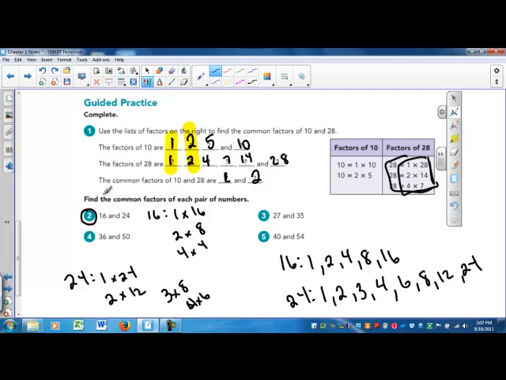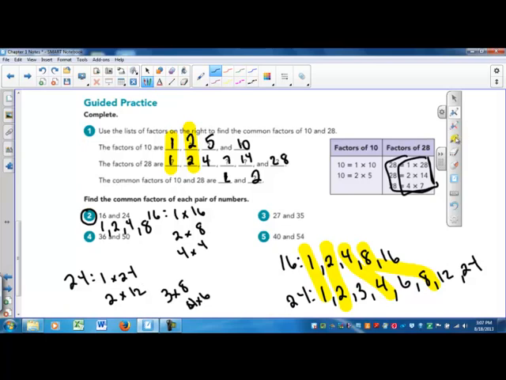Hopefully I'm not missing any. I think I got them. Okay. And then I look for which ones are the same. 1s, 2s, 4s, 8s, and that's it. So we know that these have common factors of 1, 2, 4, and 8.